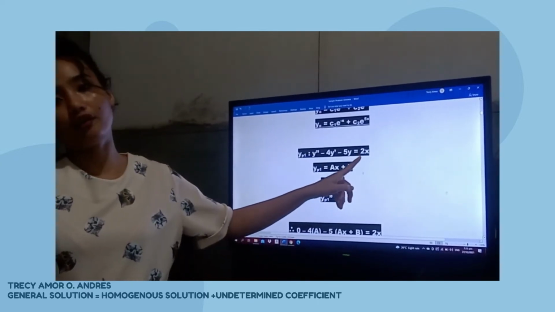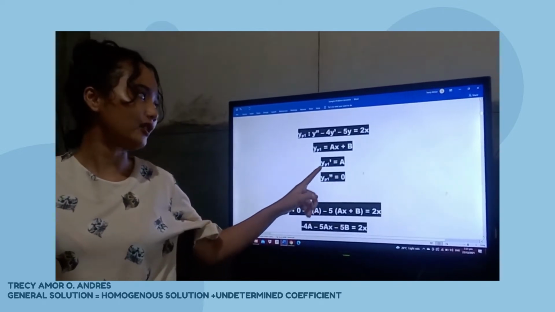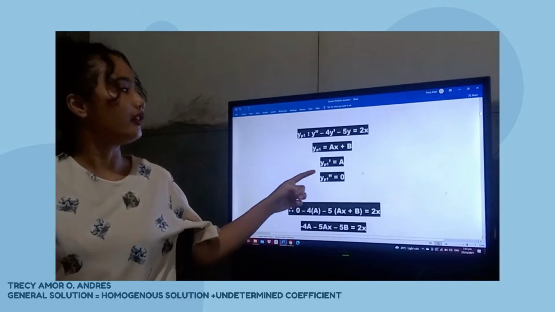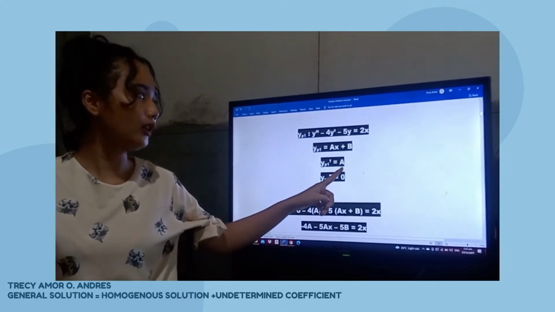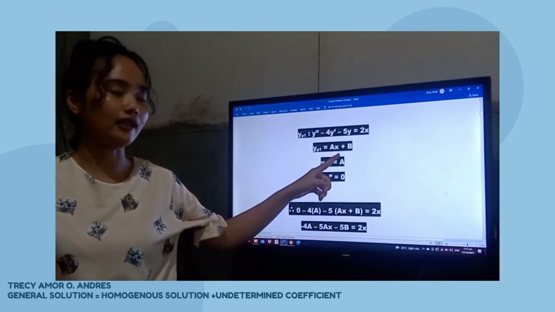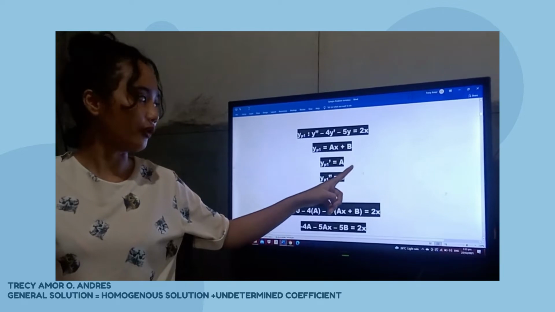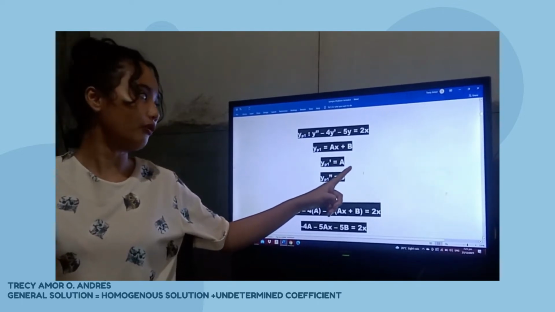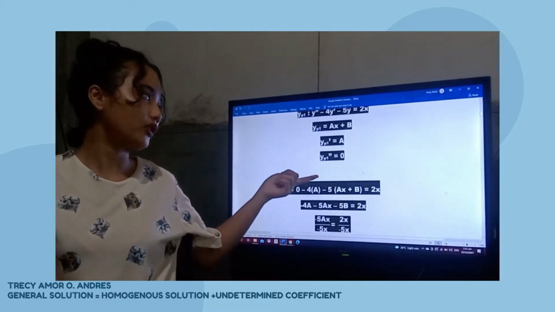So for the particular solution of 2x, I will choose the form ax plus b, and deriving it, you would result to a, since the derivative of ax is a, plus the derivative of b is just 0, so we will no longer write the 0. Deriving it a second time will result to 0.